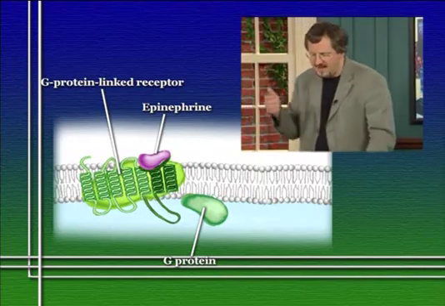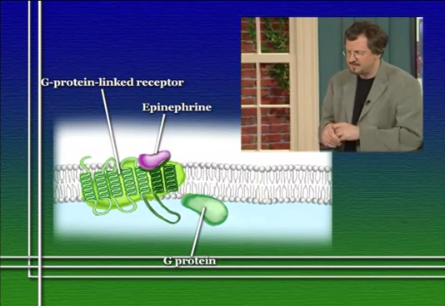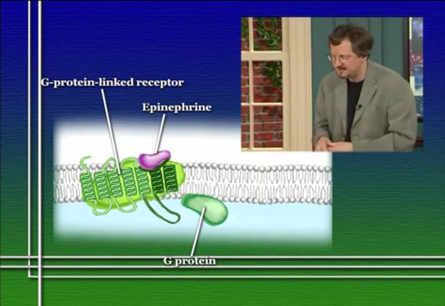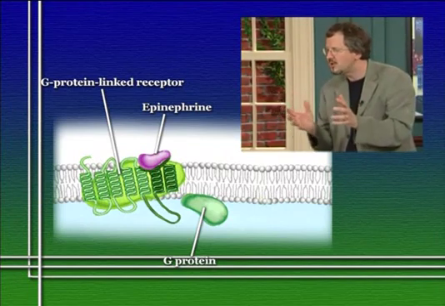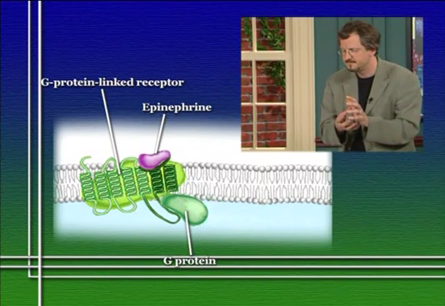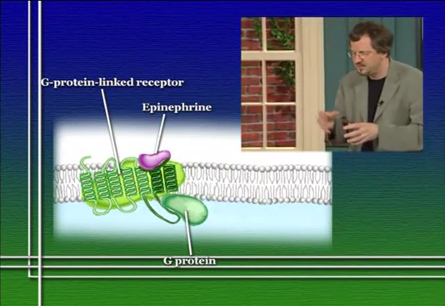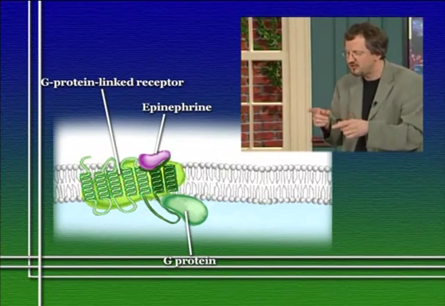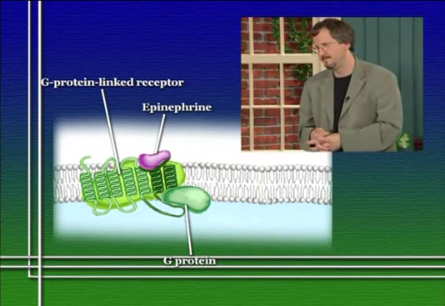Now, when the shape change occurs that's triggered by the binding of epinephrine on the outside of the cell, this shape change on the inside of the cell causes the G protein to move more closely to the receptor protein itself. This closer association between the G protein and the G protein-linked receptor, in turn, causes the G protein to change its configuration.